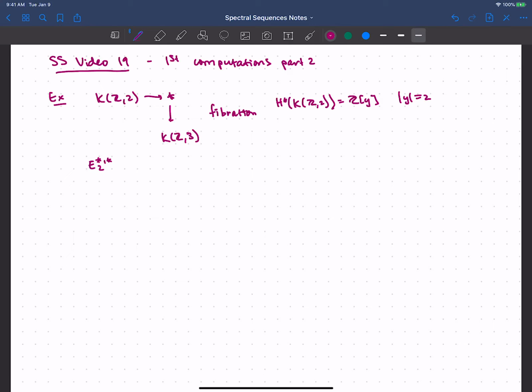So I'm trying to say that this is a free Z module, and so the E2 page is indeed the tensor product of algebras of the cohomology of KZ3 tensored with the cohomology of KZ2. Maybe let's write KZ3 first, not that it matters.